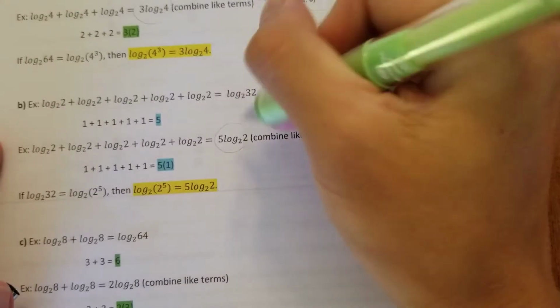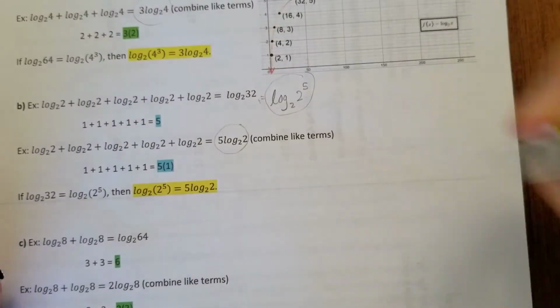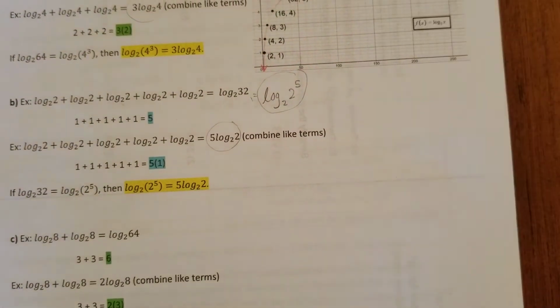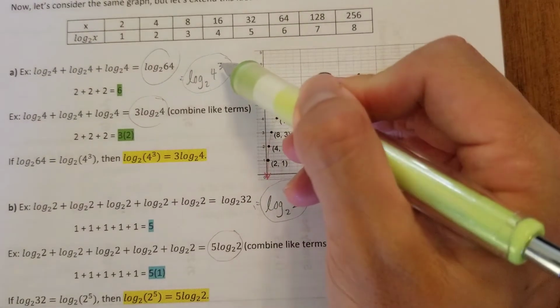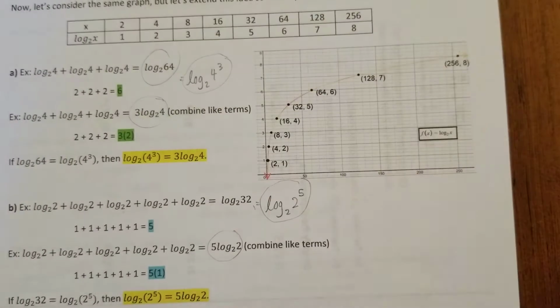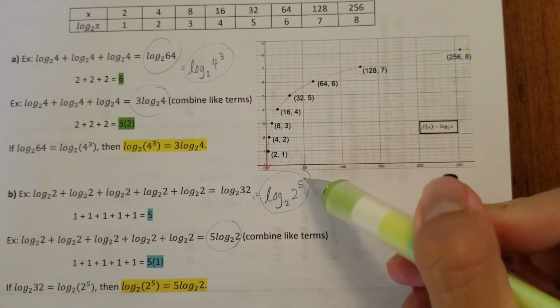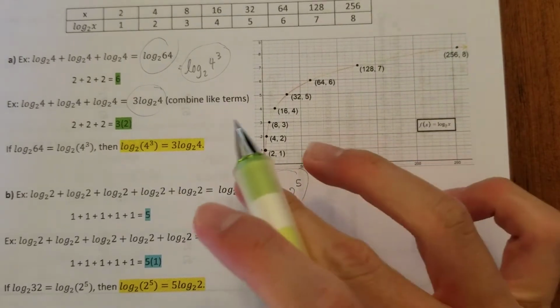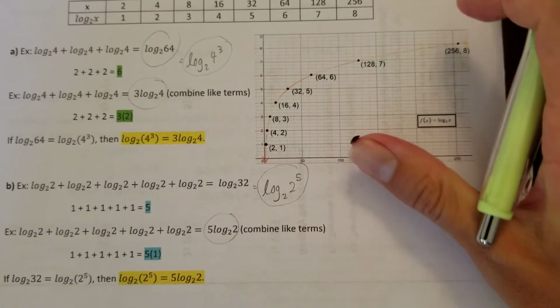If you kind of see a pattern here, the pattern that I'm trying to show is that this cube can be brought down for logarithms. And this 5 can be brought down, it's the same thing as multiplying for logarithms.